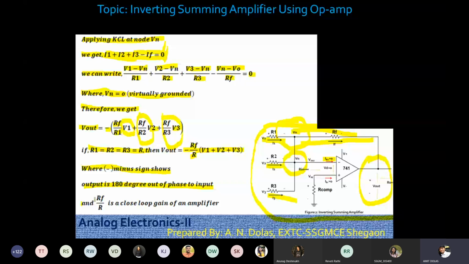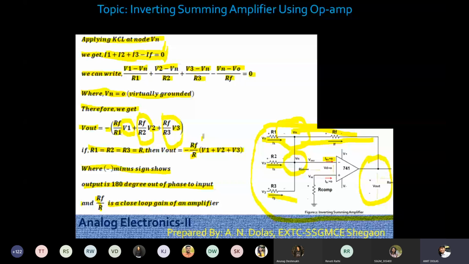Because you can see, for this portion, simple addition of the three sources is performed, and the multiplier to this is RF by R. Suppose I set RF 20K, R 10K, RF by R will be 2.